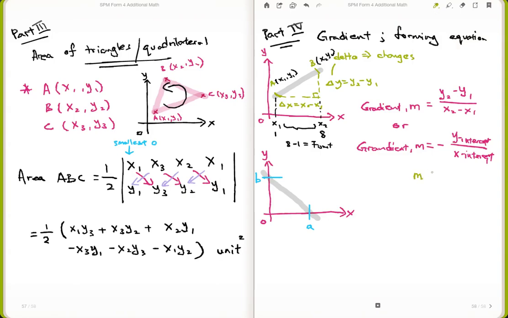M for the gradient of this line would be negative B over A. A gradient going down from left to right is negative. Obvious, right? Simple as that.